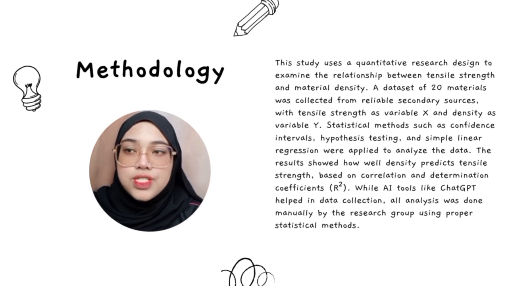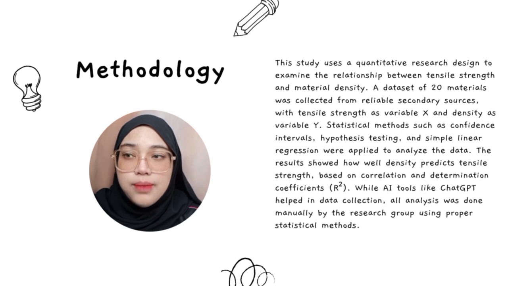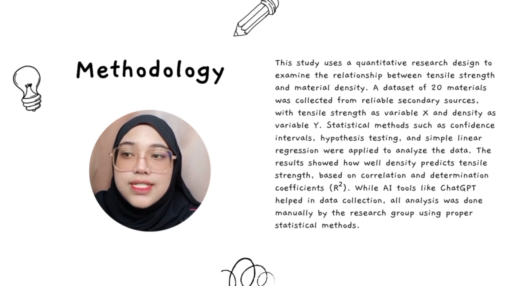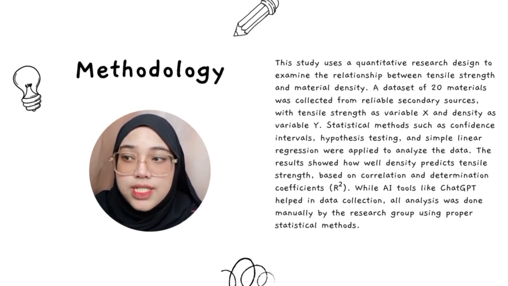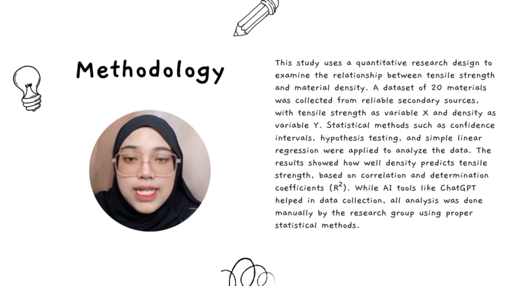This study uses a quantitative research design to examine the relationship between tensile strength and material density. A data set of 20 materials was collected from reliable secondary sources, with tensile strength as variable X and density as variable Y. Statistical methods such as confidence interval, hypothesis testing, and simple linear regression were applied to analyze the data.